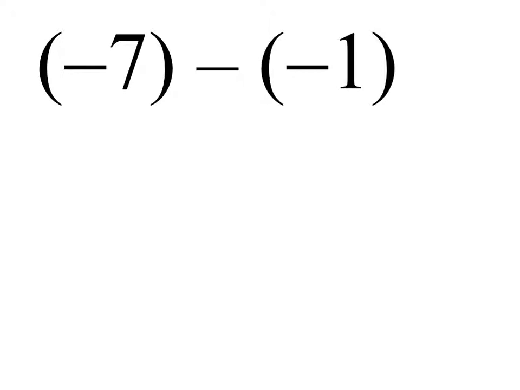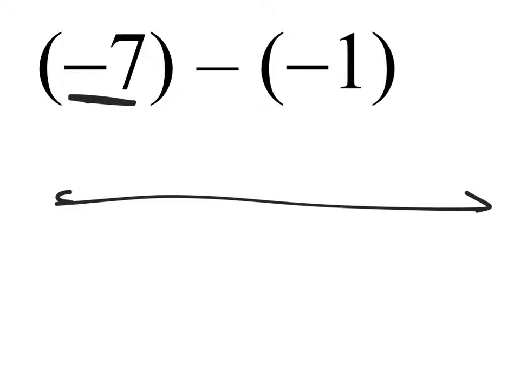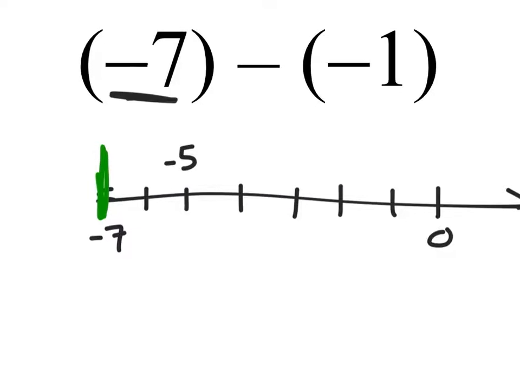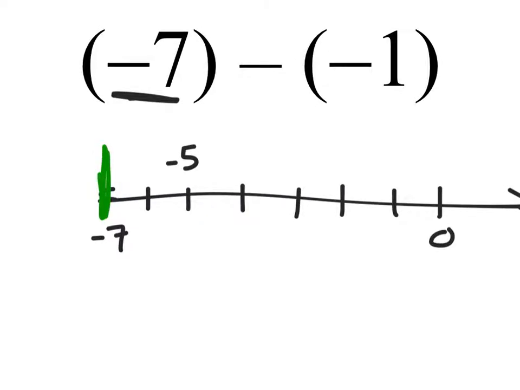So on the number line, let's start again with the number line up in count. We'll start with this -7. -1, 2, 3, 4, 5. There's -5. -6, -7. And from -7, this minus tells us we're going to go to the left.